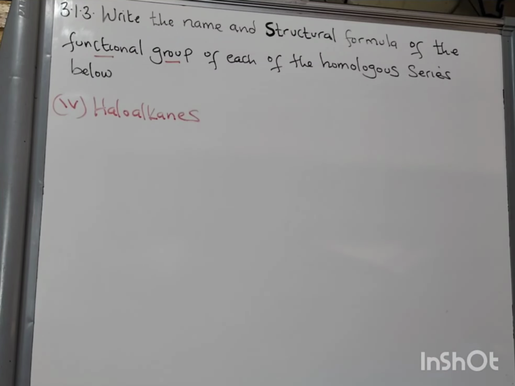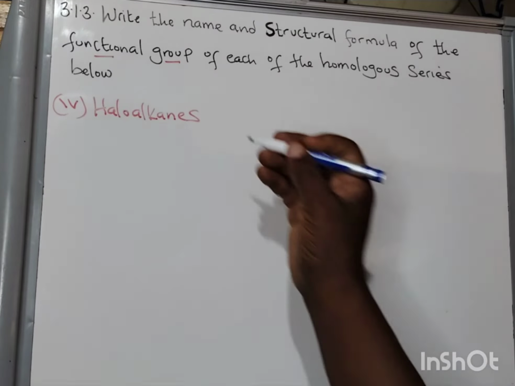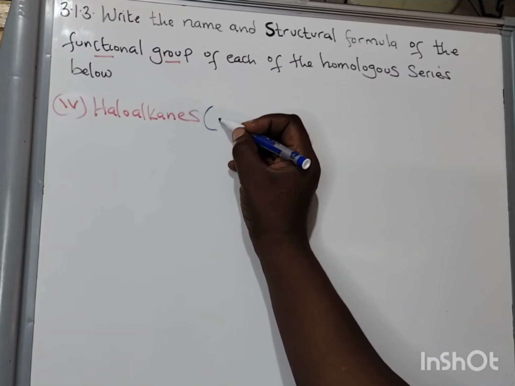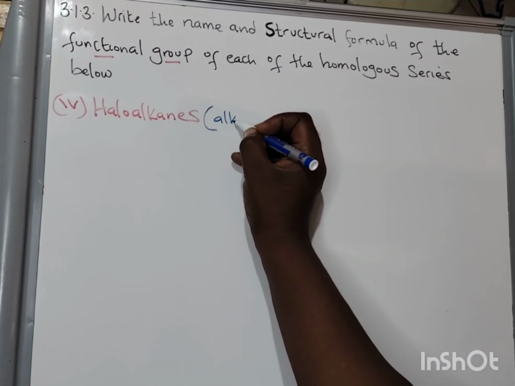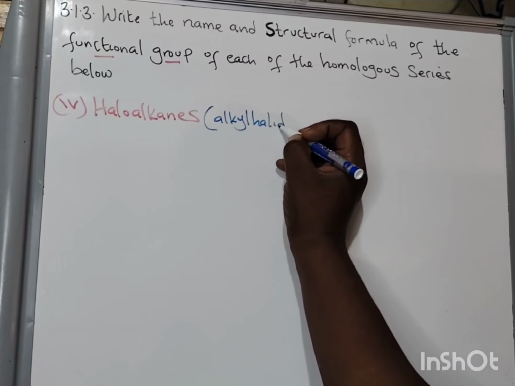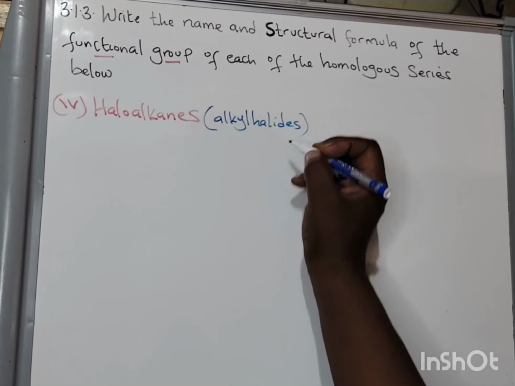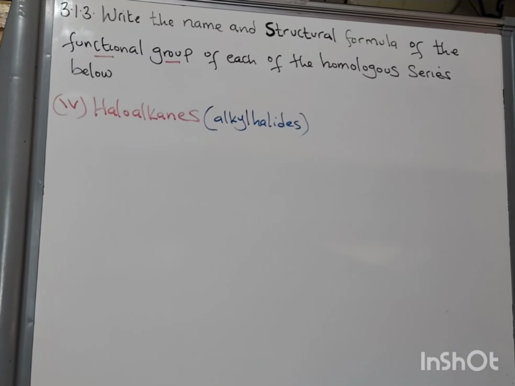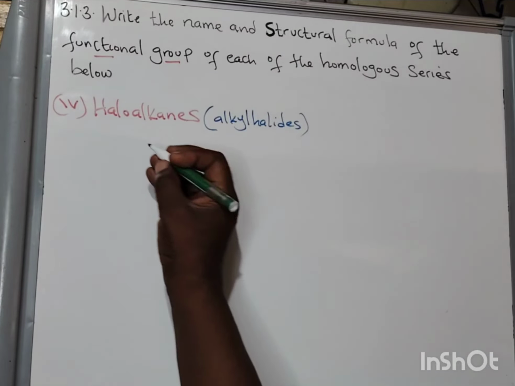Yeah, next one is haloalkanes. We must also remember that haloalkanes can also be called alkyl halides. Okay, so there we are. What are their structure formula of the functional group?